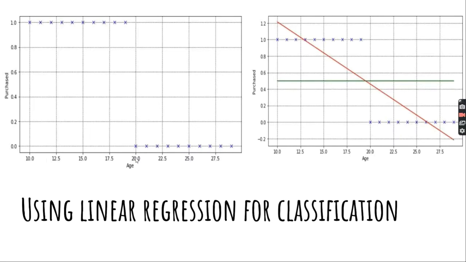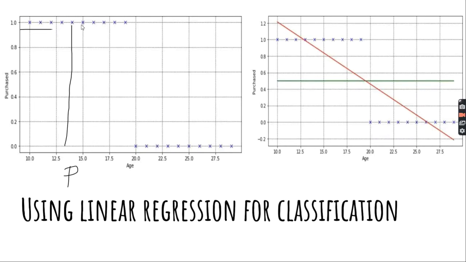Based on the age, we are determining whether a certain product P would be purchased or not. Say there's a 20-year-old in the sample who had not purchased the product, so the output is 0. And there's somebody with an age somewhere between 12 and 15, let's say 13, who had purchased the product, so that's 1.